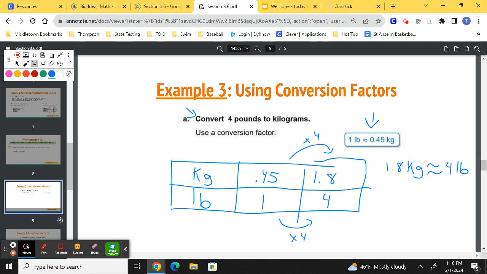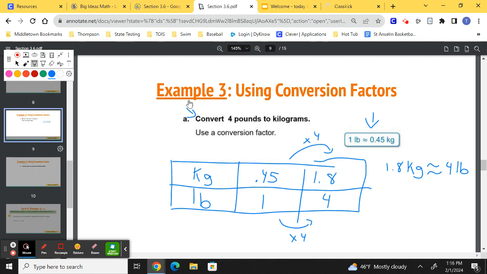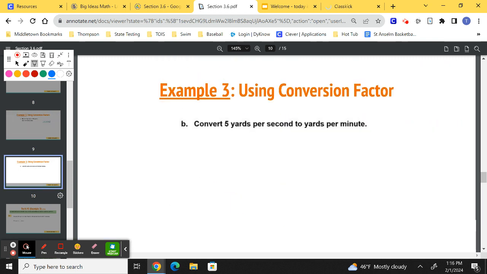Okay, everybody good? Yeah. Okay, here is your last one. Now, they don't give you the conversion factor, but you kind of should know it. 60 seconds equals 1 minute.